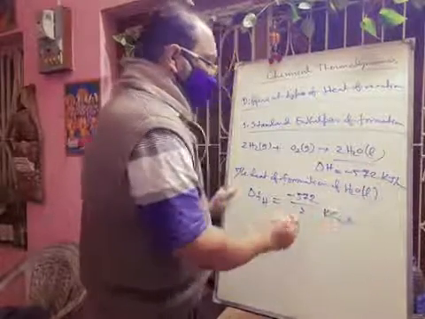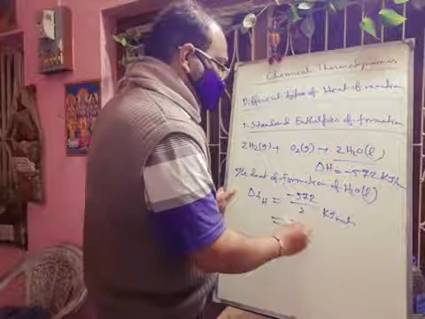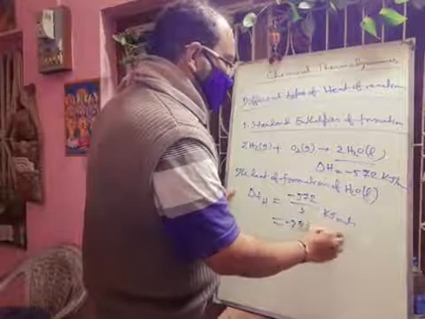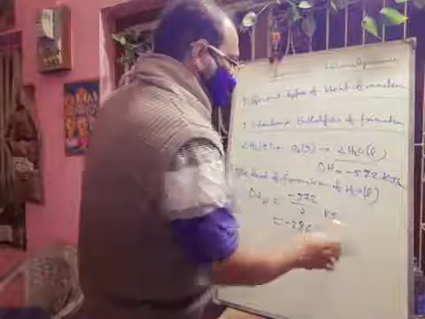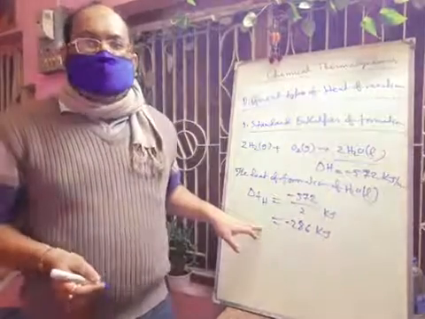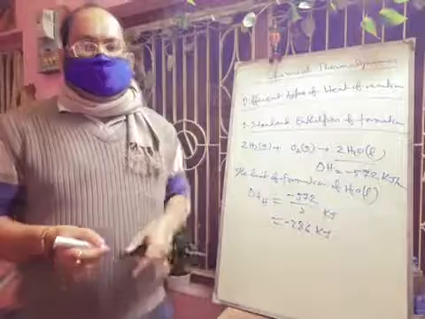If we calculate, we will get minus 286 kilojoule per mole. So this is the heat of formation of water.